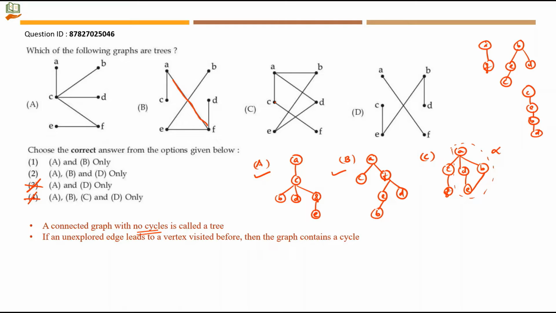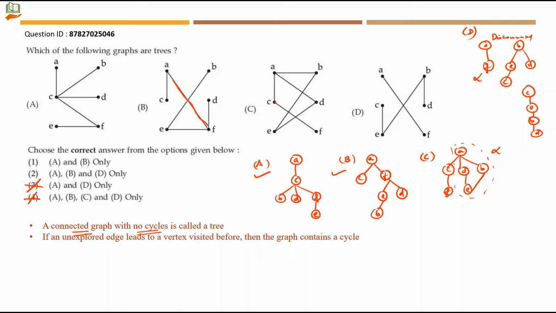Though they are given in the form of intersecting edges, they are disconnected. A connected graph with no cycles, which says that this is disconnected. Since it is disconnected, we are excluding option D also.